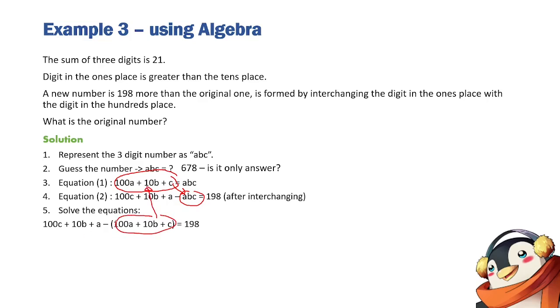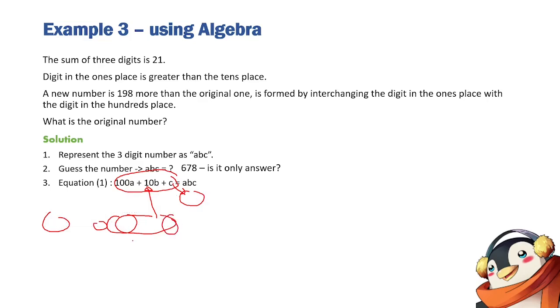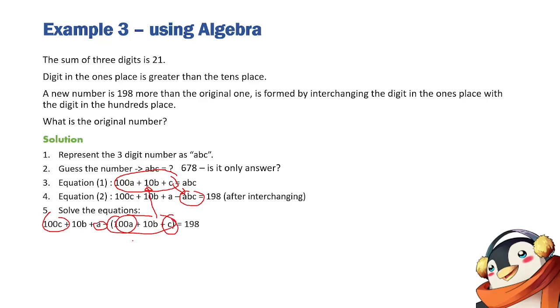Now you have A, this one, and then 100C minus 1C here. So what do you get? You get 99C minus 99A, because the B's got cancelled, right? The B's got cancelled.